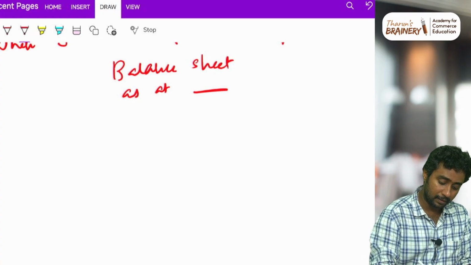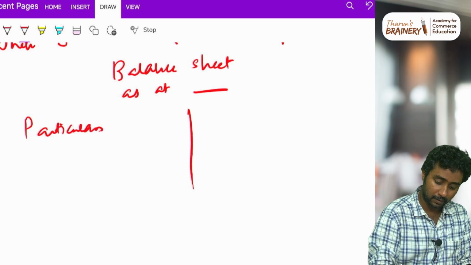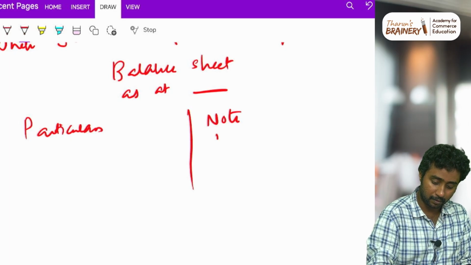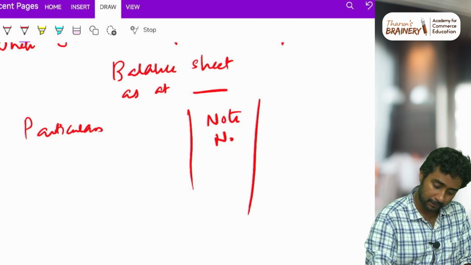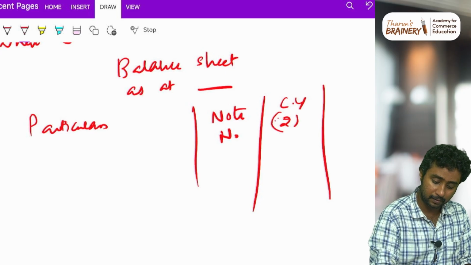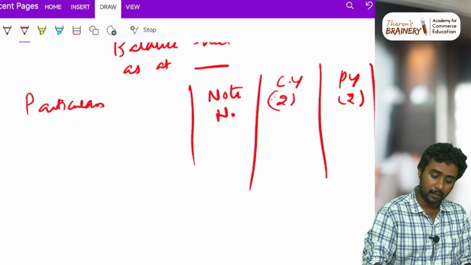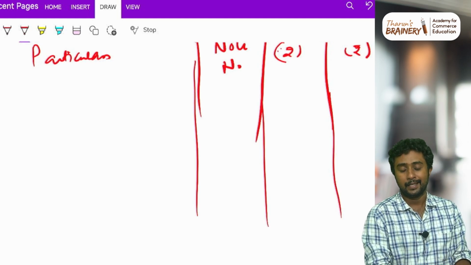Then obviously the balance sheet format: particulars, then note number, then current year amount, and next, previous year amount.